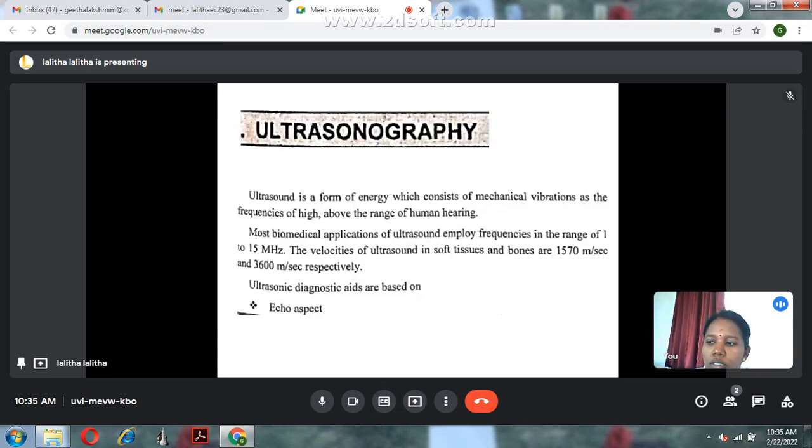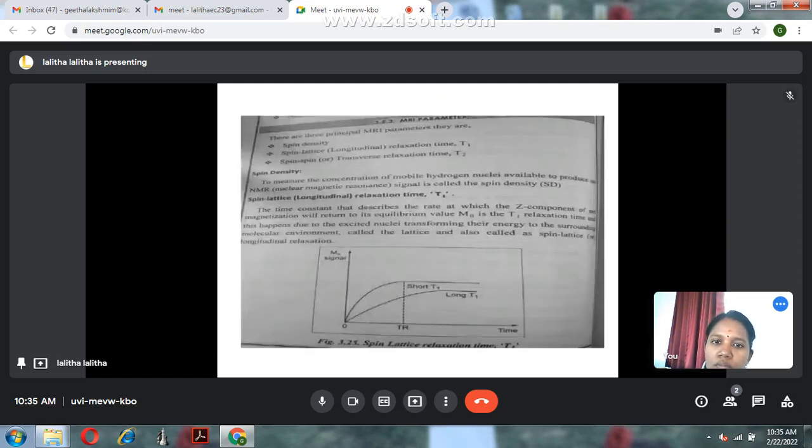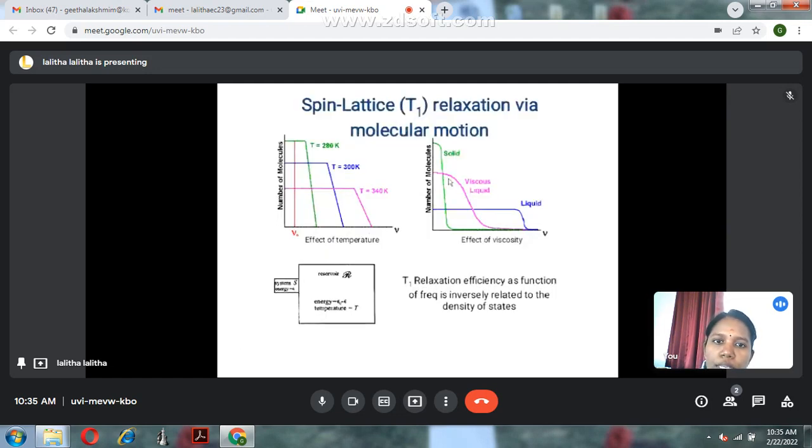Next, this is the spin lattice relaxation via molecular motion. So spin lattice T1, relaxation via molecular motion. Here we have the effect of temperature and the effect of viscosity.